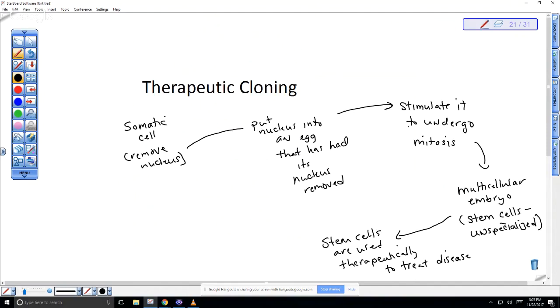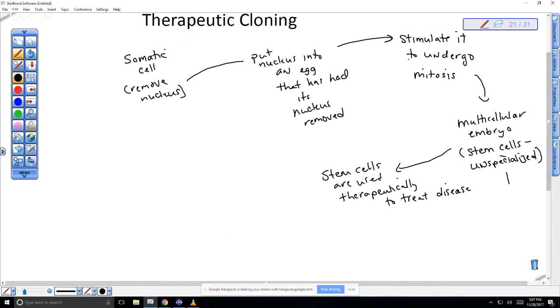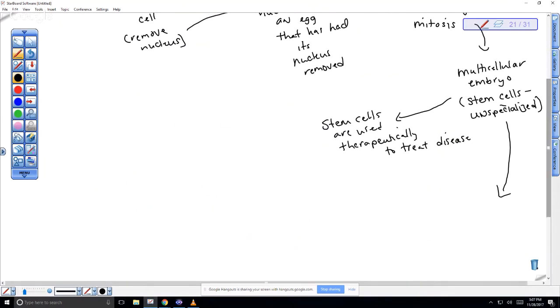Otherwise, this multicellular embryo could be used to produce another individual. If I wanted to clone myself, I could take that multicellular embryo and put it into a surrogate.